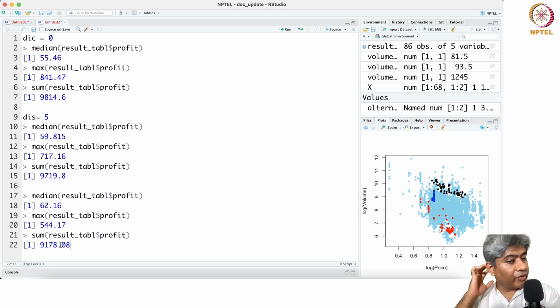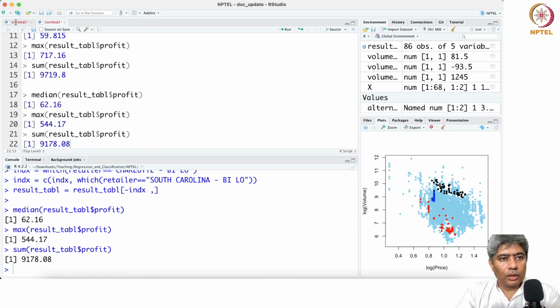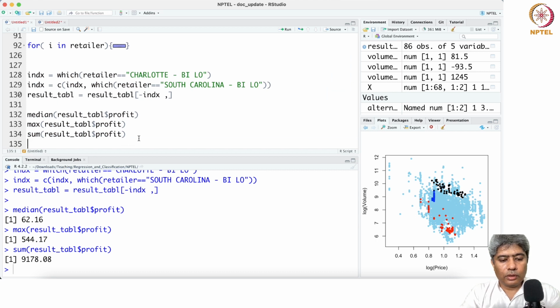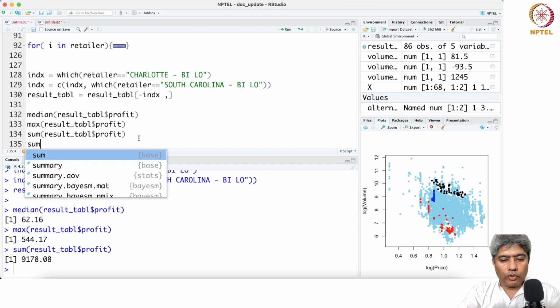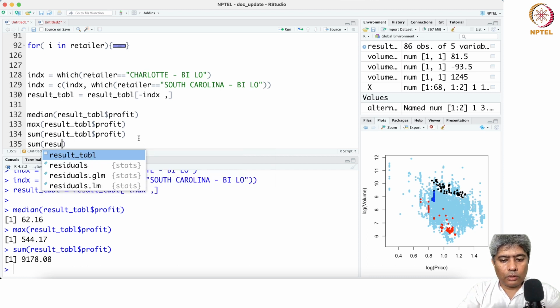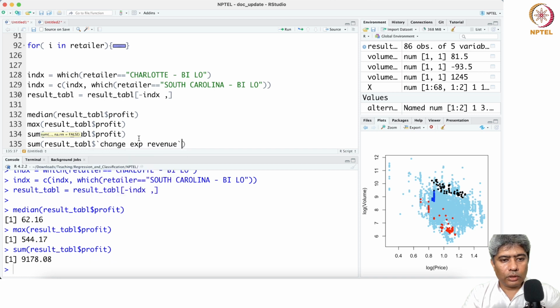So total profit drops, max profit drops, but overall drops. And then if I just say this of result table dollar expected revenue, change of expected revenue.